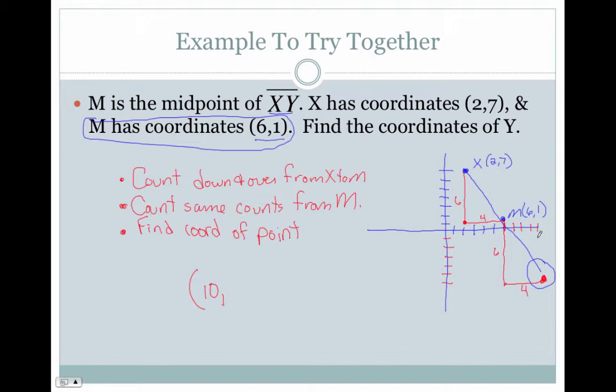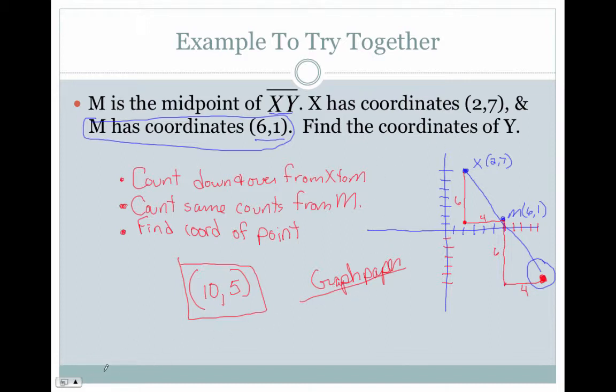And 1, 2, 3, 4, 5. It should only be 5 down. I think I got these a little spaced funky here, but this should be the point where it lands. And like I said on graph paper, this would be much better. So I'm going to have to remind myself to put a little graph on here next time.